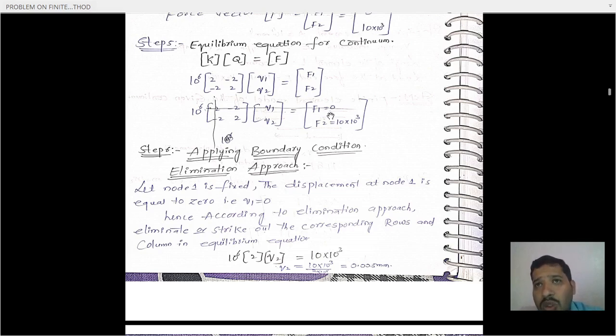It should also be 0. So we can say that the q1 value should be 0. Is it right? So for that reason, we need to strike out this row and this column.